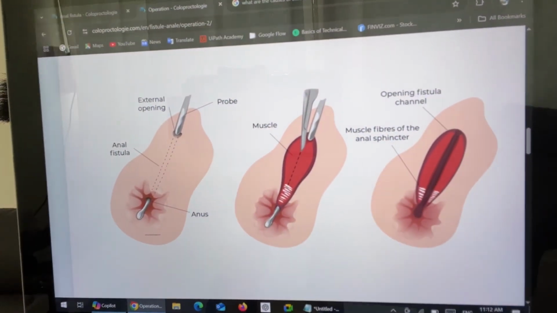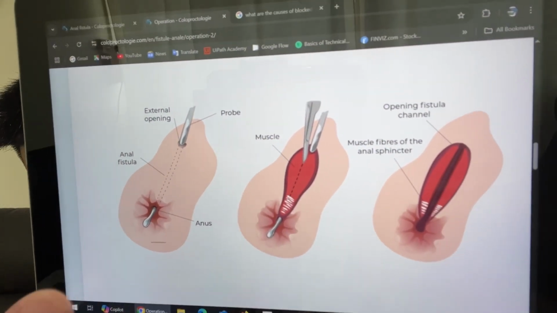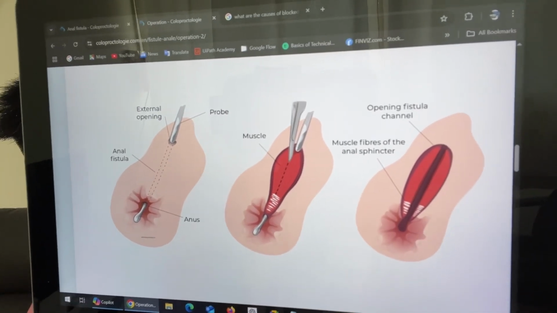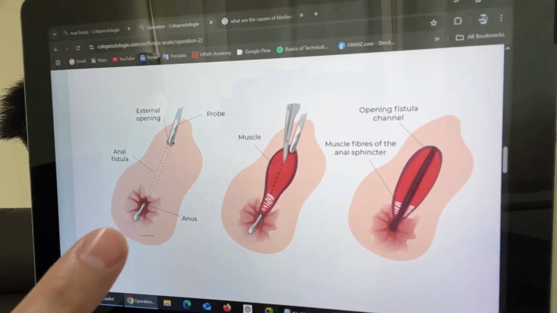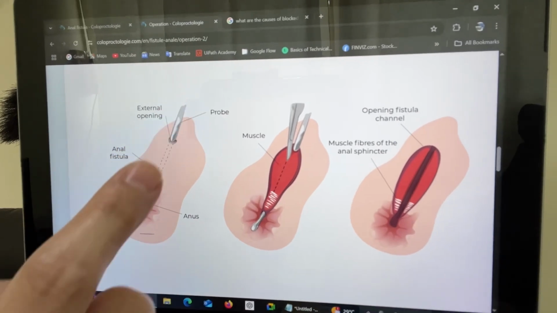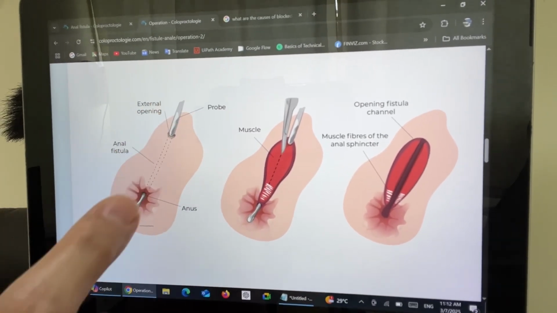Okay, so this is the picture. As you can see, this is the metal probe which I mentioned, it looked like kebab meat on a stick.